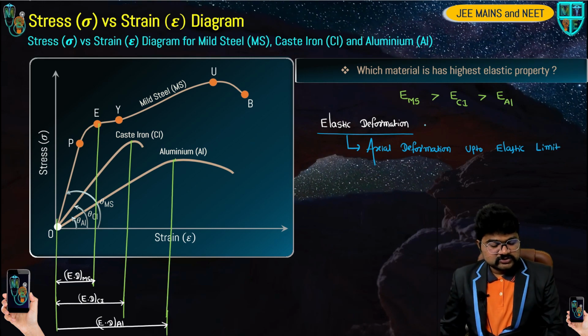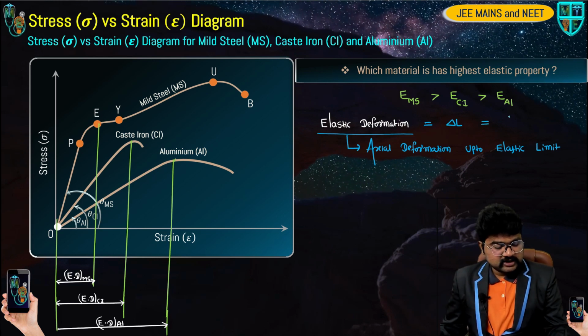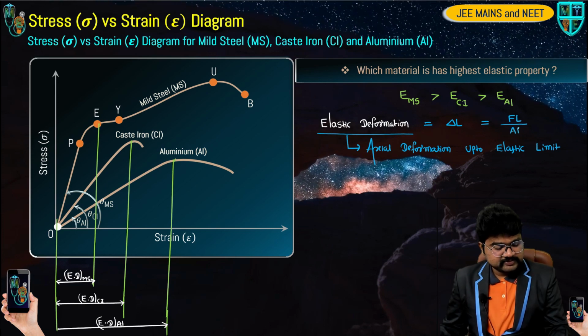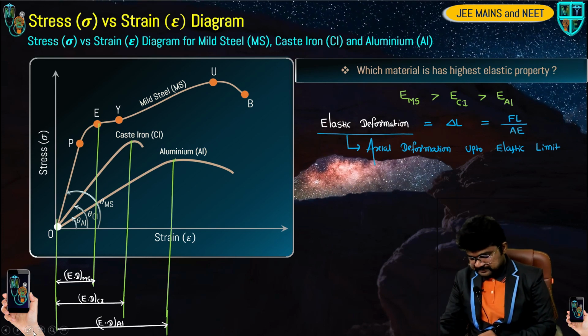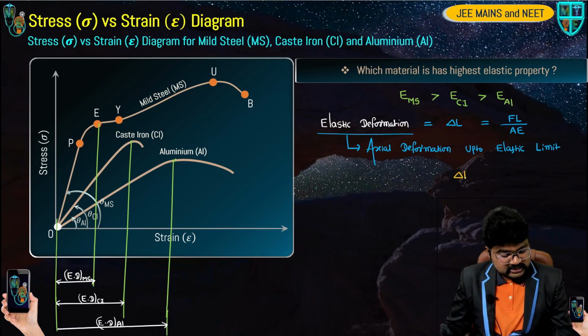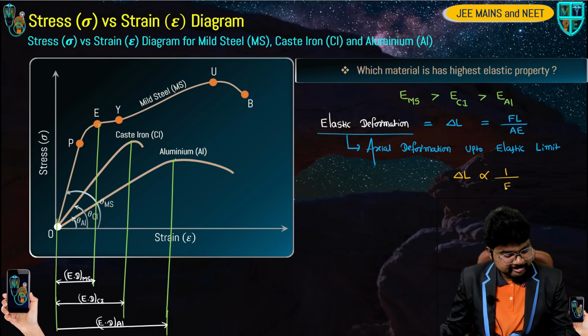Okay? So you can write it as delta L equals F L by A E. So I can say that delta L is inversely related with E.